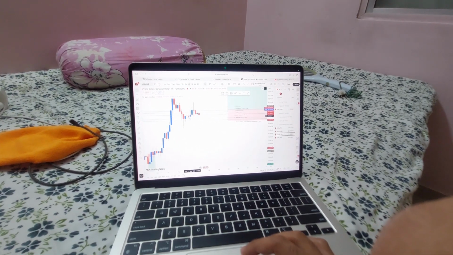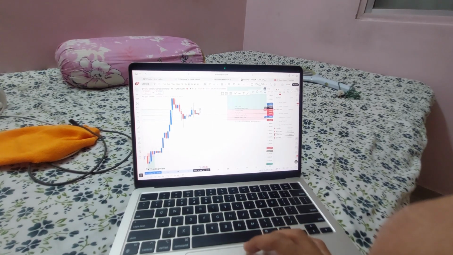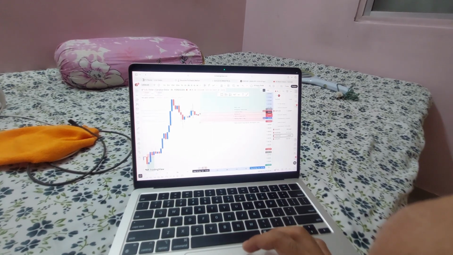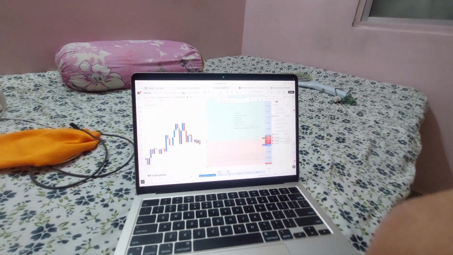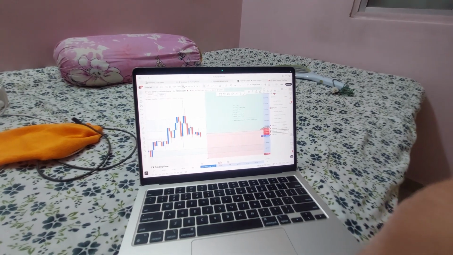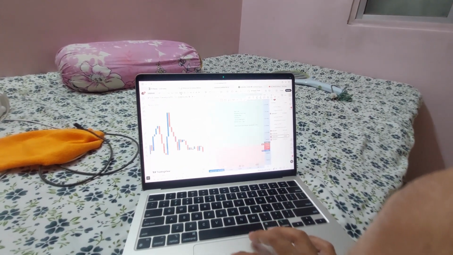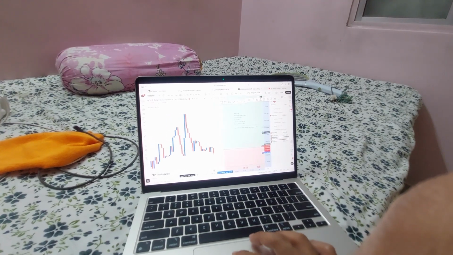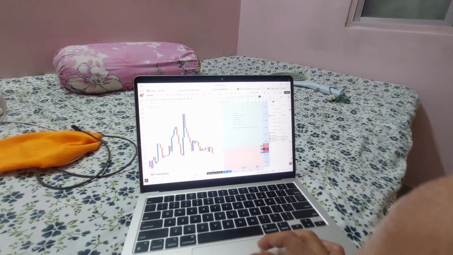The 4 hour is bullish. If I were able to take this trade, I would easily take it right now, because it is going to pump to the upside. But as per price action, it doesn't look good to me. Higher high, higher low, shifting bearish.